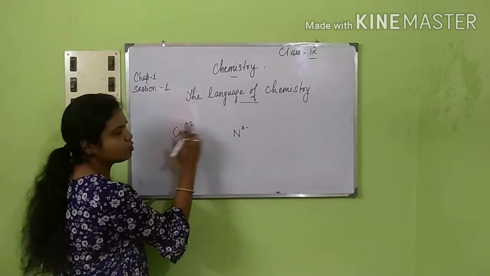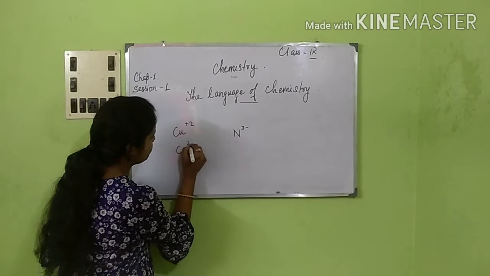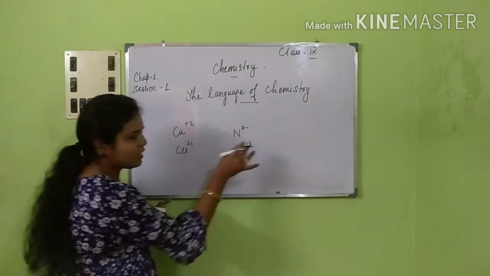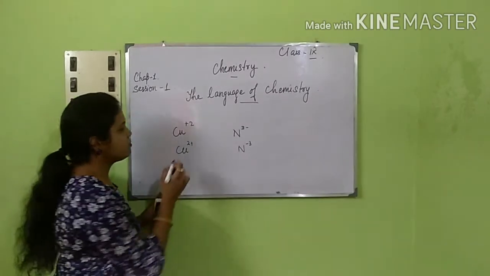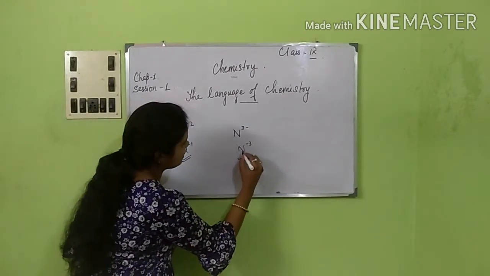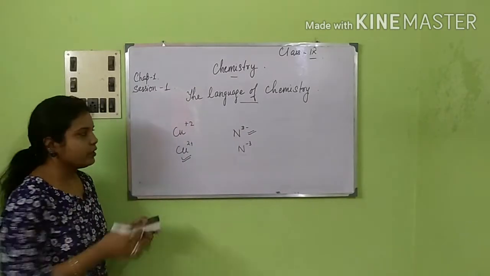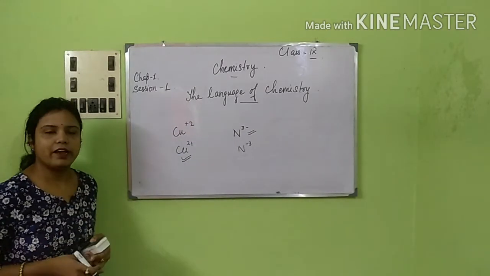You can write it in both ways, that is Cu2+, and N-3 also. Both are correct. Books mostly use these. So no need to worry, both of these writings are correct.